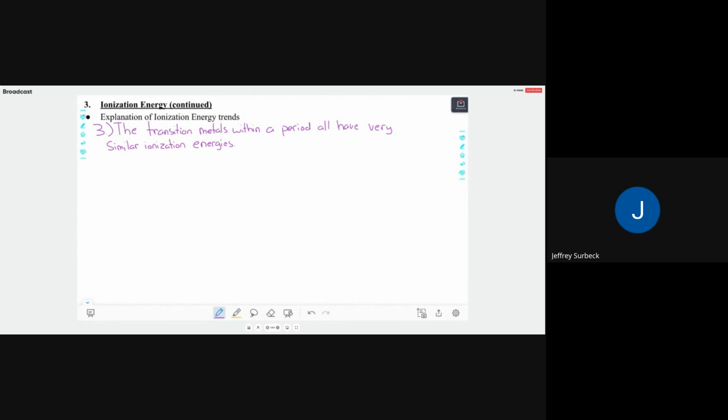Well, let's look at 3 transition metals, okay? Let's look at titanium. Let's look at manganese. And let's look at nickel. And I'll put up the electron configurations here.